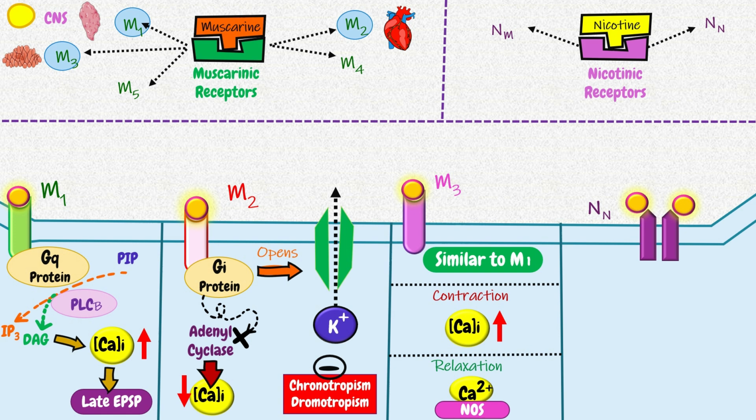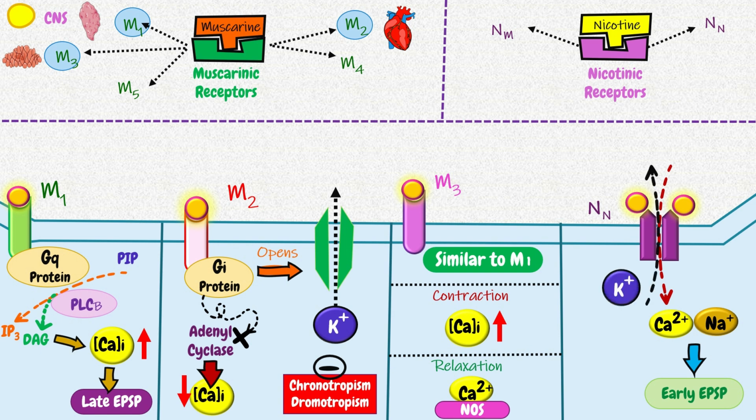When acetylcholine binds to N-nicotinic receptors, it leads to rapid sodium and calcium influx and early or rapid excitatory postsynaptic potentials, which trigger postsynaptic action potentials once they rise above threshold, while efflux of potassium also occurs.